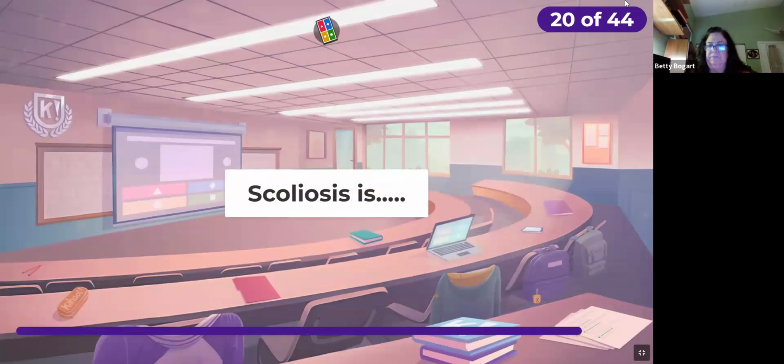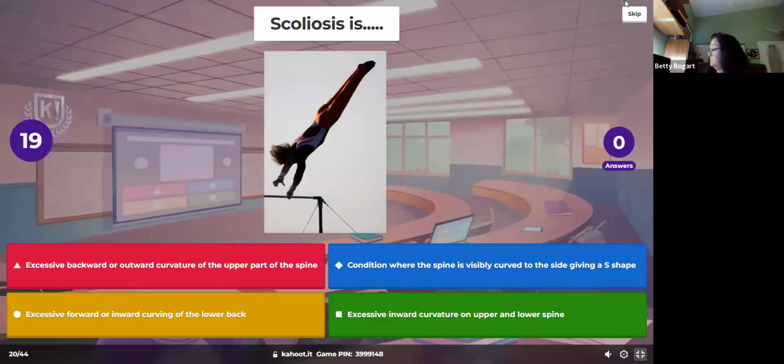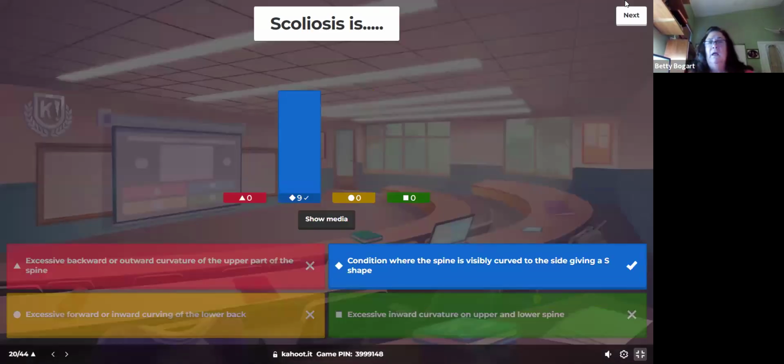Scoliosis is... Think of S, scoliosis, S-shaped curvature of the spine.